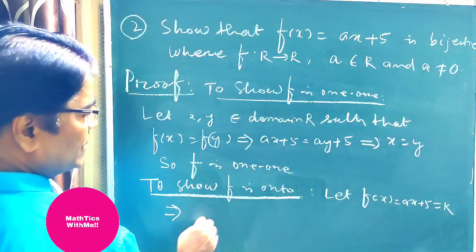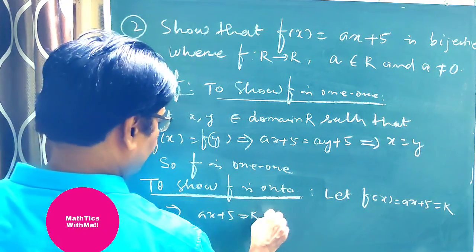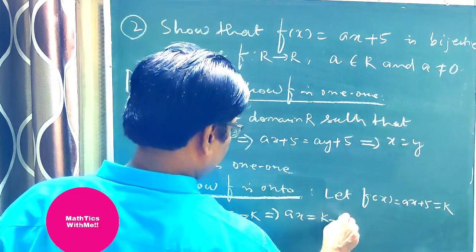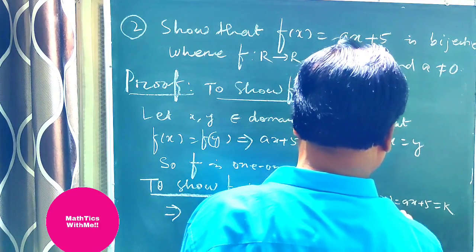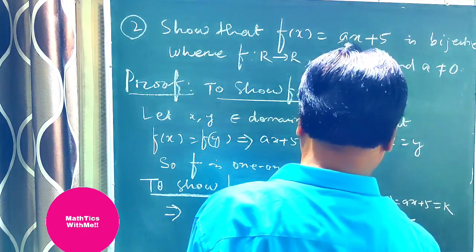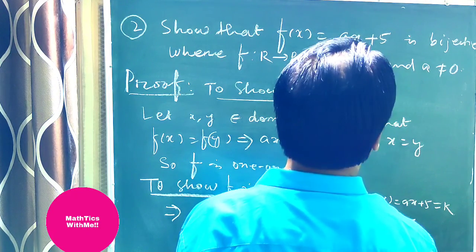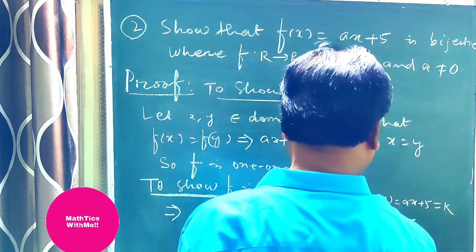This implies ax plus 5 is equal to k or ax is equal to k minus 5. This implies x is equal to (k minus 5) by a.